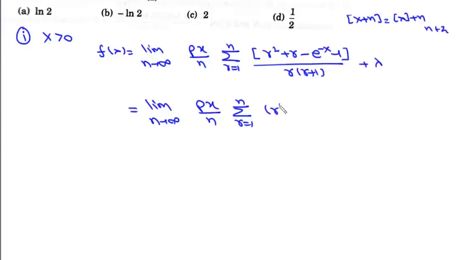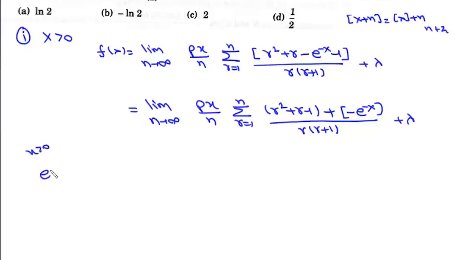So it will be this r square plus r minus 1, and then plus this greatest integer function of minus e to the power minus x upon r plus 1 and plus lambda. Now when x is greater than 0, e to the power minus x lies between 0 and 1, and then minus e to the power minus x will lie between minus 1 and 0. So the greatest integer function of minus e to the power minus x will be minus 1.